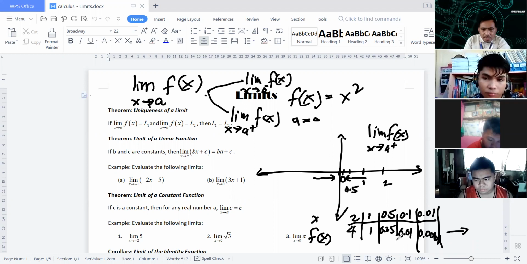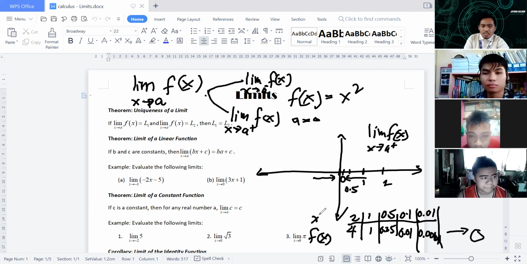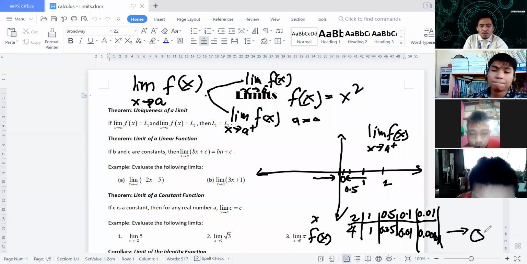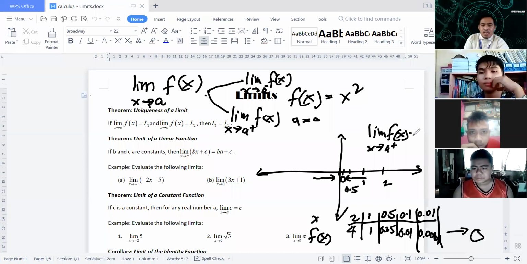Yes, that's true. As your x approaches 0 from the right-hand side, your f of x also approaches 0. So you can say that the answer here is 0.